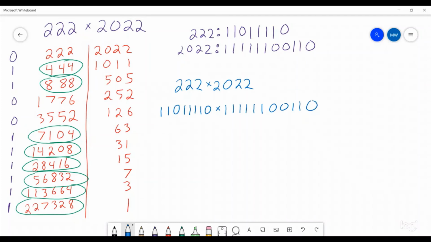Well, this multiplication is really, really easy to do, because all we're doing is multiplying by ones and zeros, and we're just shifting everything, so we're just going to be adding up the columns in different ways. And so it's going to say, well, I'm going to take this entire number, 222, and I'm going to add it one of these terms. Now, how many of these terms do I have?